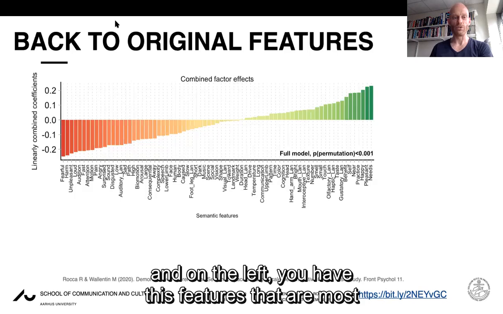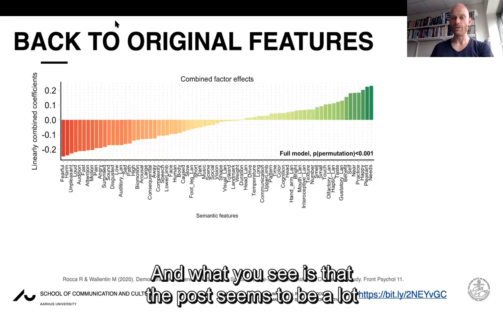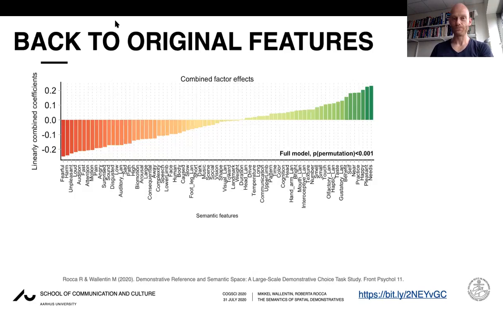And on the left, you have the features that are most active in causing participants to choose "that". And what you see is that there seems to be a lot of positive things on the right and a lot of negative things on the left.